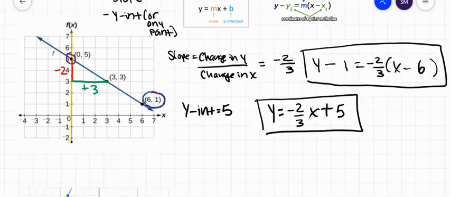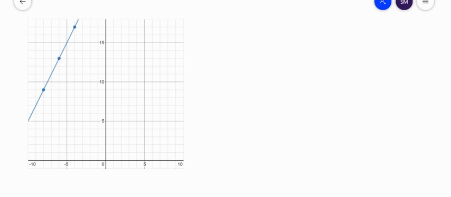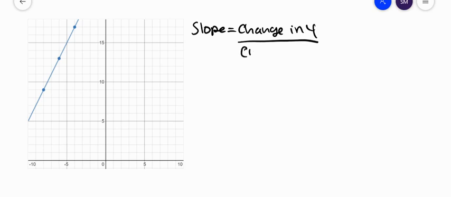But what if I have a graph where I can't see my y-intercept? So the process is going to start the same. I'm going to find my slope, which is my change in y over change in x. Again, you can use any 2 points you want.